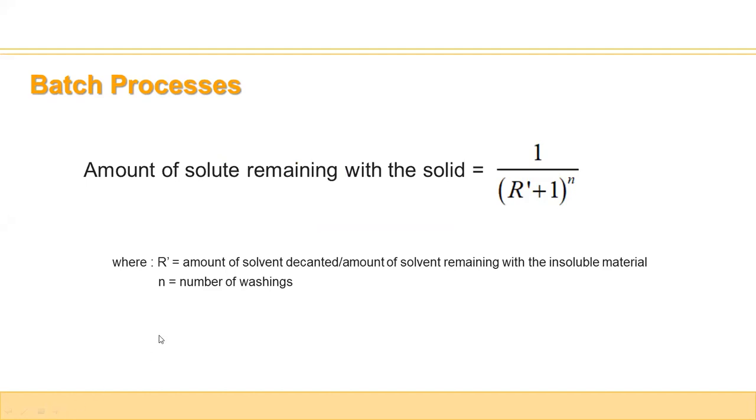So for batch processes, meaning you don't use a multi-stage leaching process, the amount of solute remaining with the solid is of course the solute that is present in your slurry. Since it is the final remaining amount of solute in your solid, it is the solute in this particular batch process.